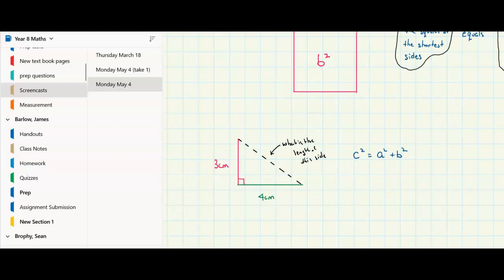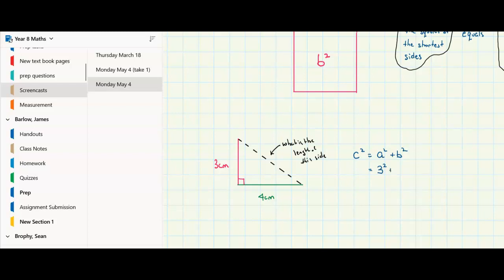Now, I don't know what the length of that c is. That's my c there. Remember, c is the hypotenuse. The a and the b, they're the other two sides. So the a in this case, I'm going to say is 3. It doesn't really matter which is a and which is b. But at the moment, a is our smallest, b is our next biggest, and c is our biggest. So we're just going in alphabetical order like that.